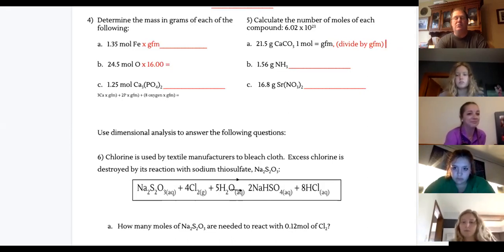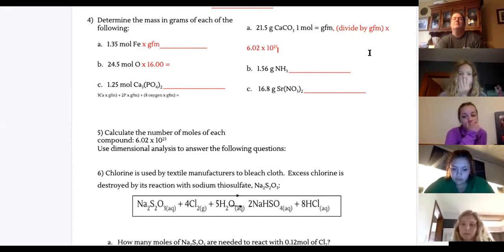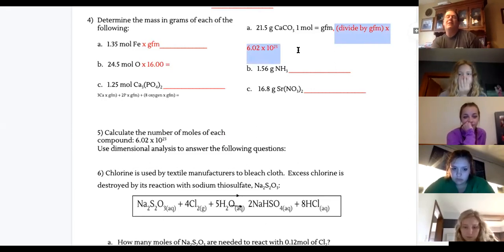That would change it to moles, and then you have to multiply it by the 6.02 times 10 to the 23rd. So those steps are going to be the same for each of those. Divide by the gram formula mass, multiply by Avogadro's number.